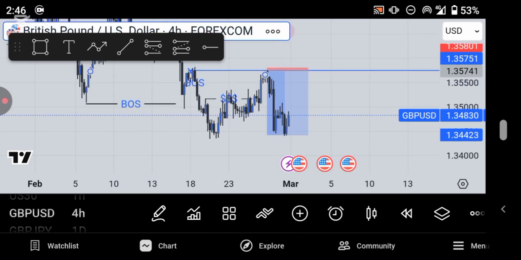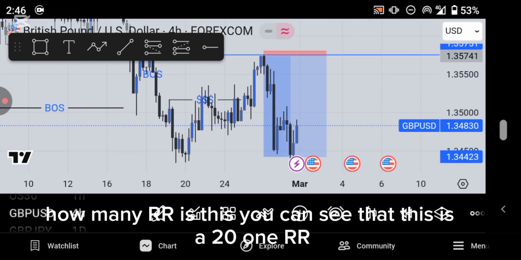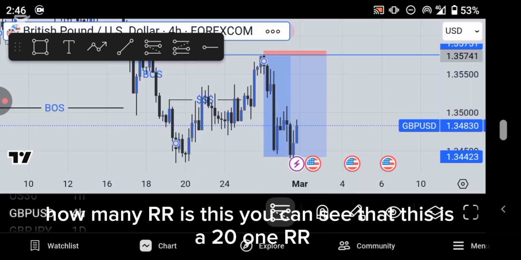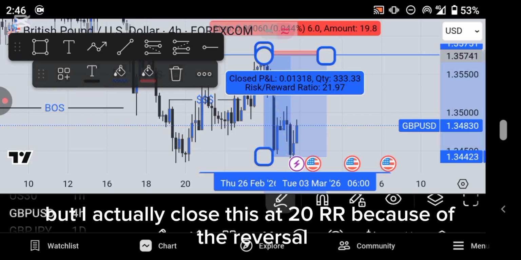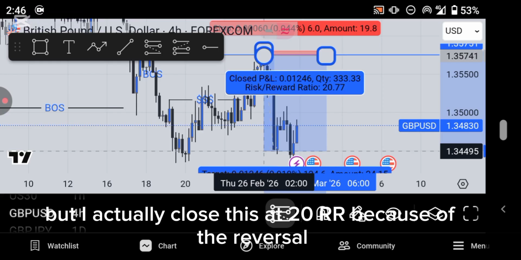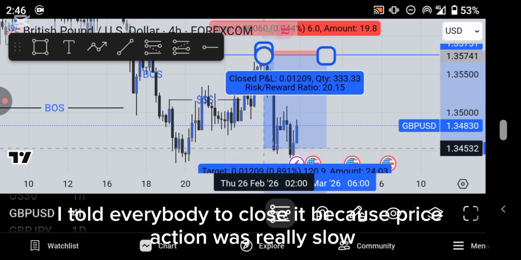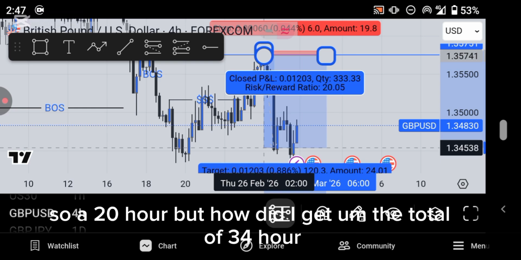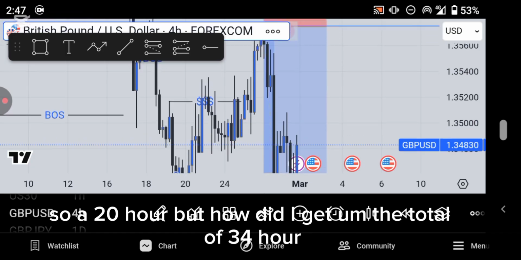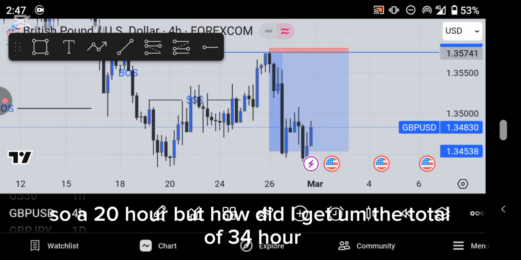So how many RR is this? You can see that this is a 21 RR, but I actually closed this at 20 RR because of the reversal. I told everybody to close it because price action was really slow. So at 20 RR. But how did I get the total of 34 RR?